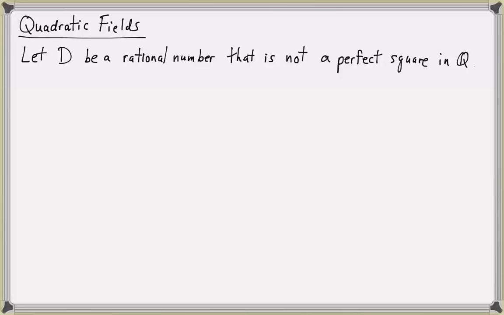And we're going to just define the field Q of square root of D by the group of all elements A plus B square root of capital D, where A and B are rational numbers.